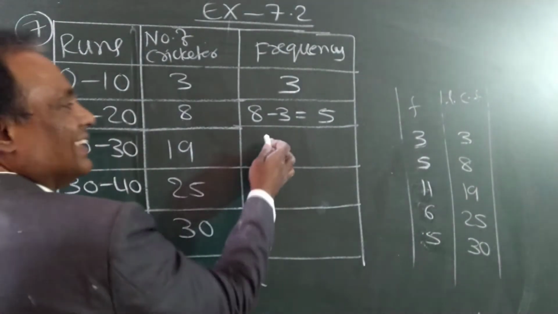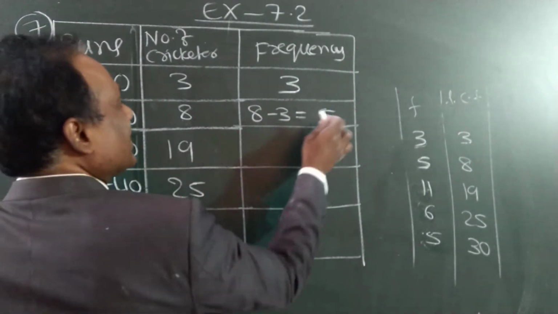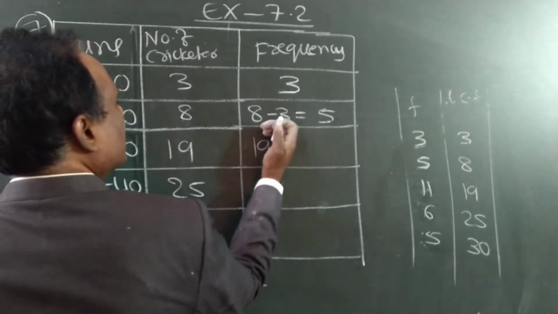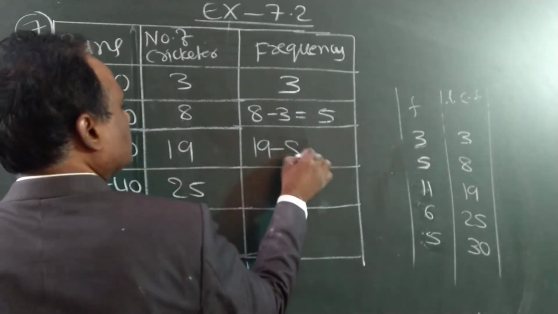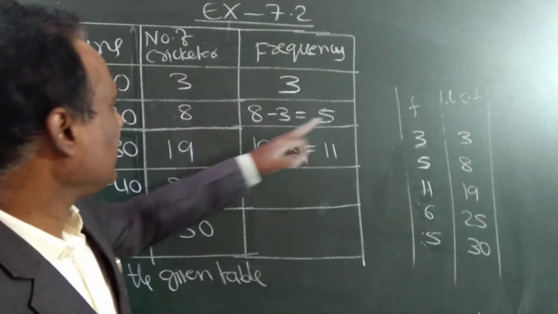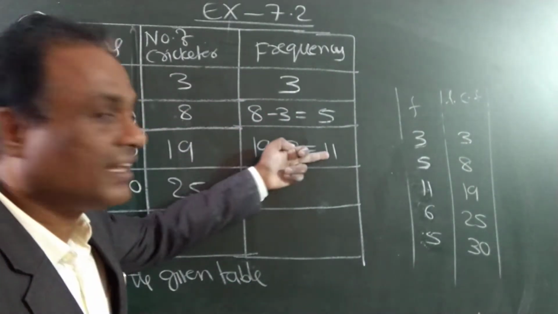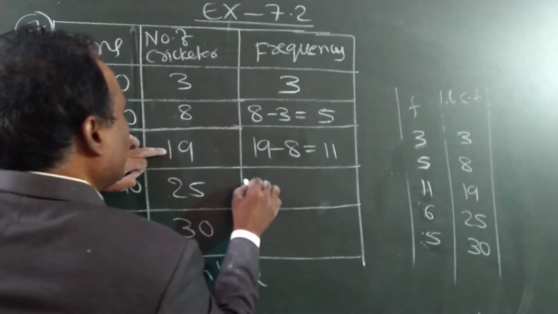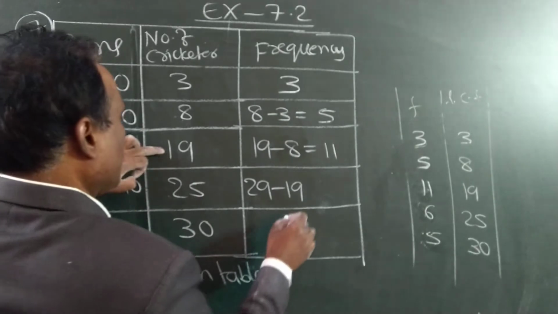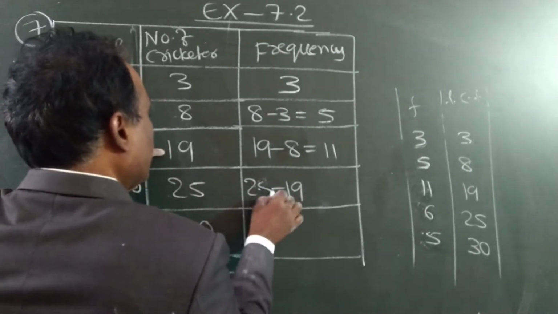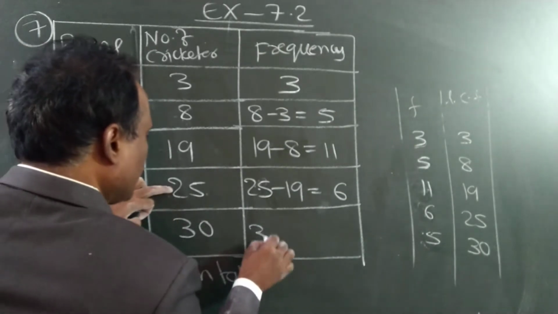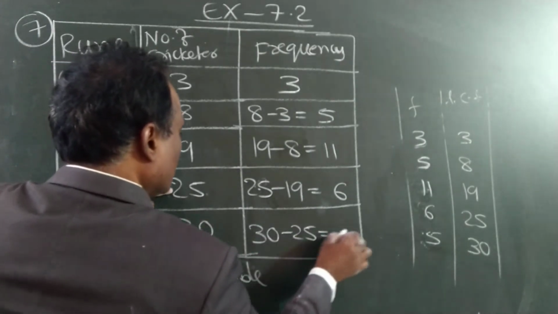Like that we keep on adding. What will be this? 19 minus 8, 11. 25 minus 19, 6. 30 minus 25, 5.